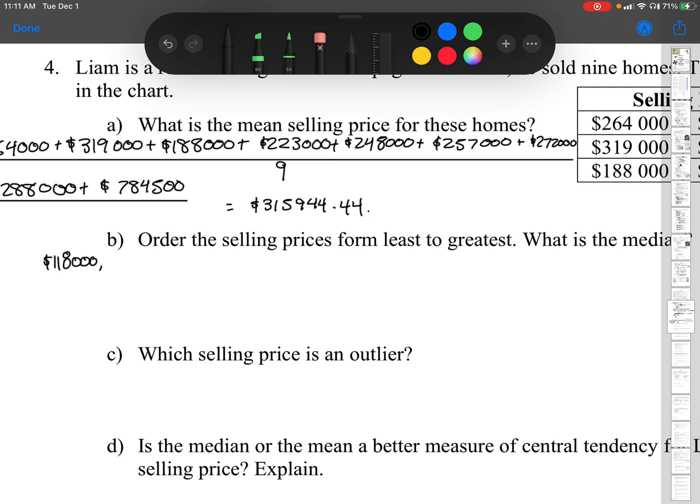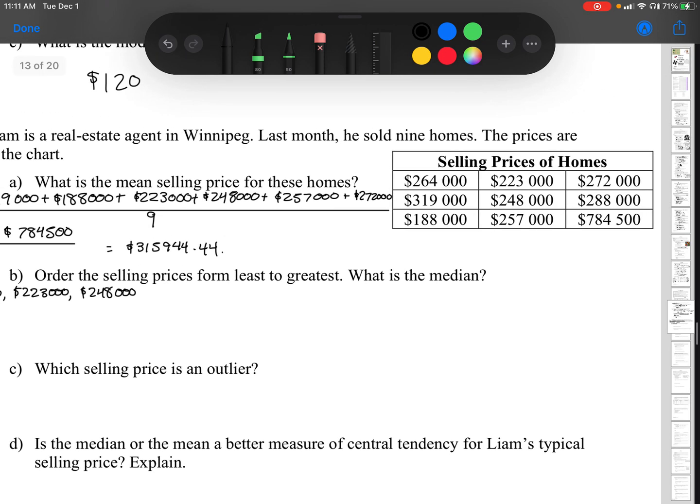Same thing as before, we'll take the list and order it from smallest to biggest. So 118,000, and then 223,000, and then 248,000. I should probably cross these off the list so I don't make a mistake again.